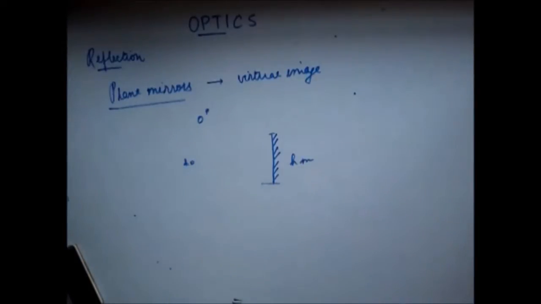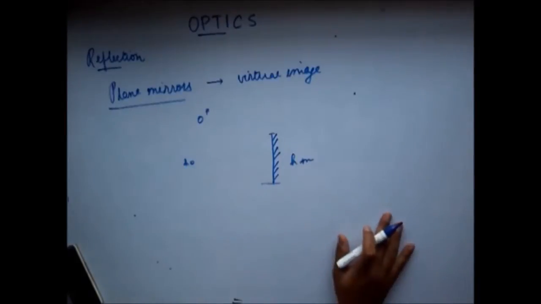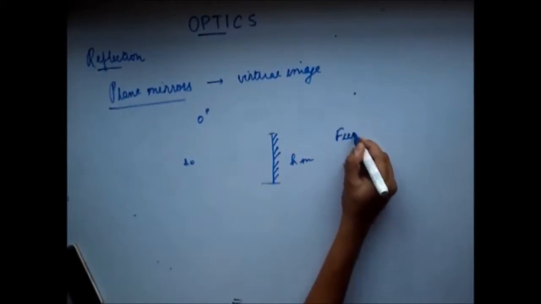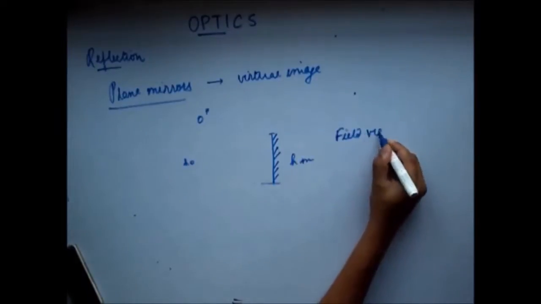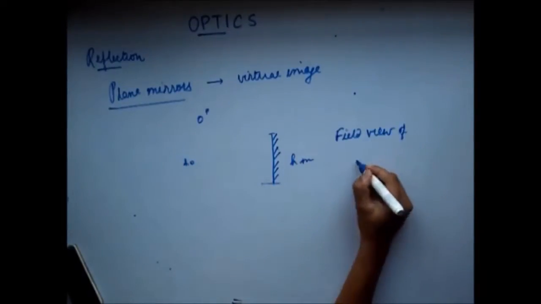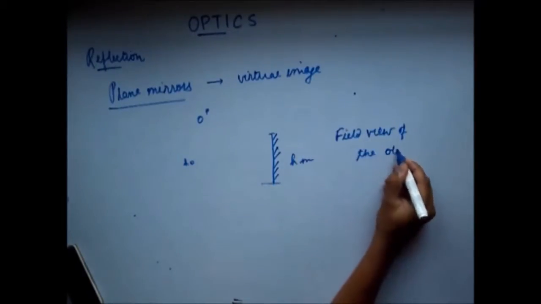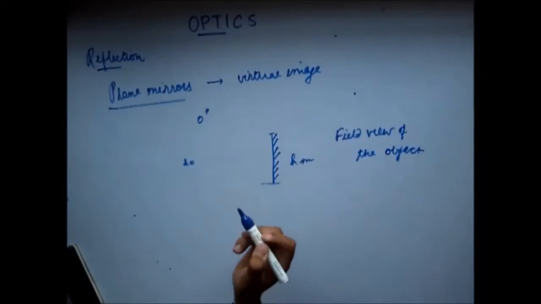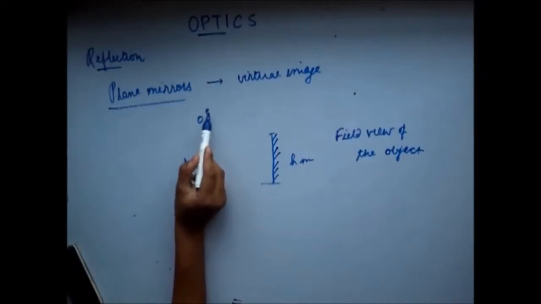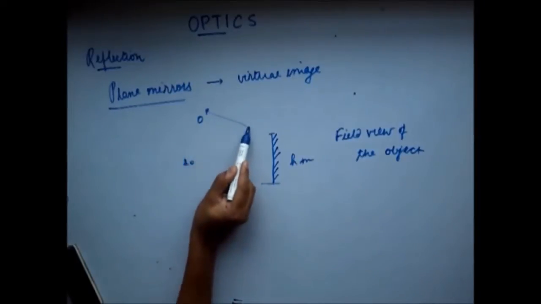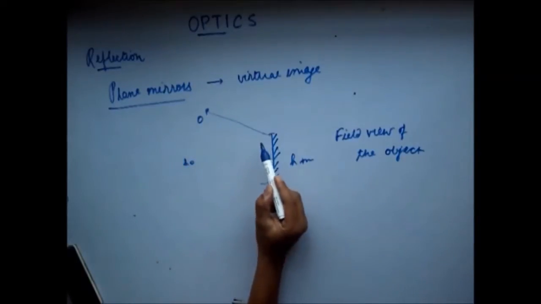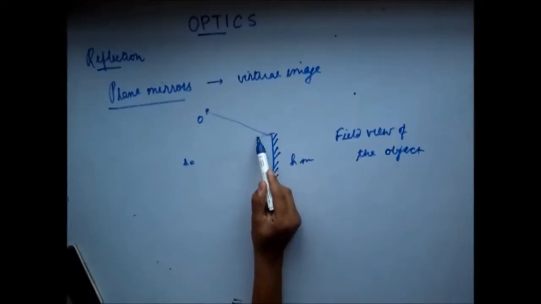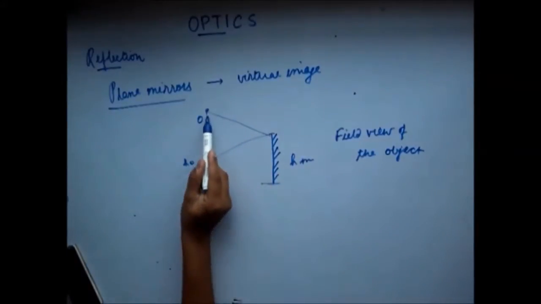Now, to understand this, a concept known as the field of view of the object comes into play. The rays coming from this object will be reflected like this.